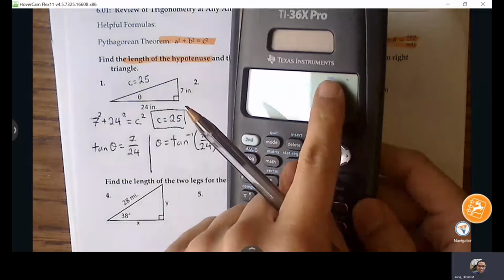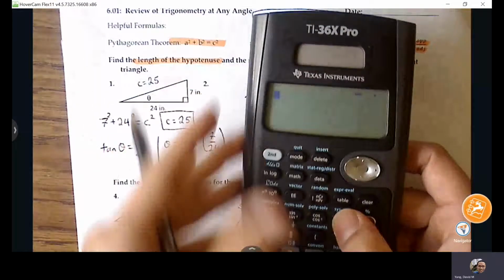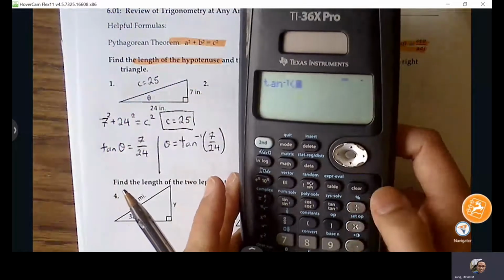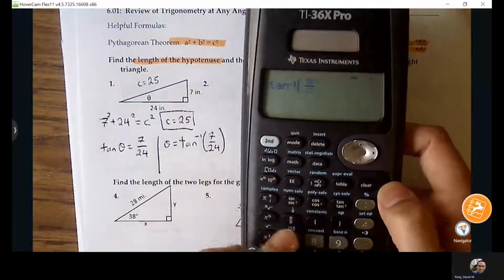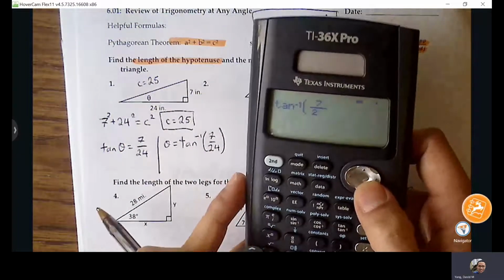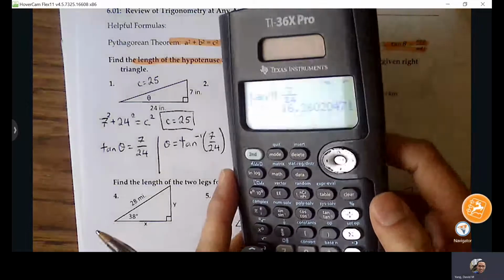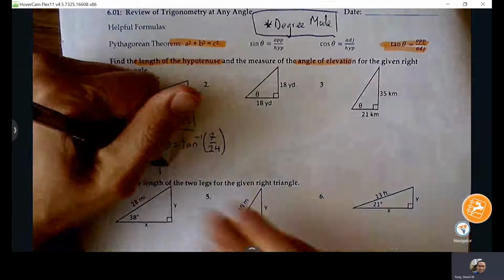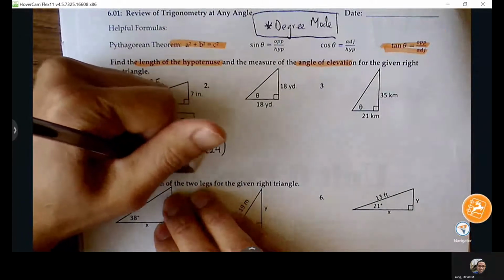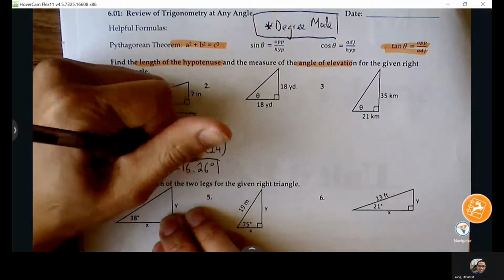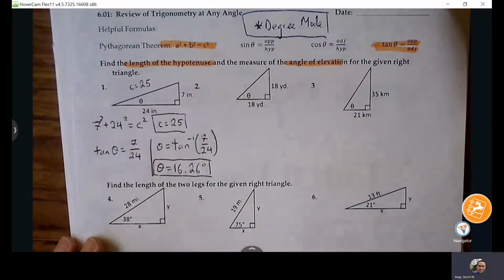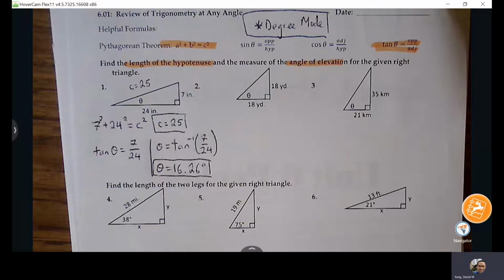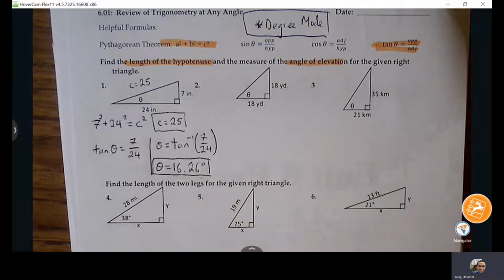You can hit tangent twice to get to inverse tangent. 7/24 gives 16.26 degrees. For now, let's go to 2 decimal places.